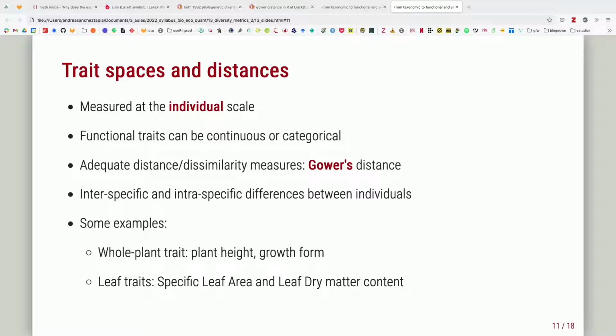But they may share traits. For example, it's okay, you can measure it at the individual scale, but at the end it's okay if the whole population has the same trait. It just is not a good pick for your question if you have a trait that does not vary among your individuals. So it depends, it's a little bit of a match between the question and what you pick as a functional trait.